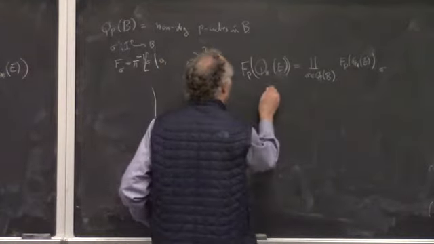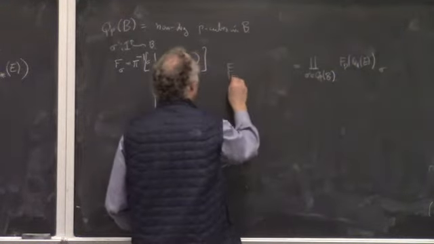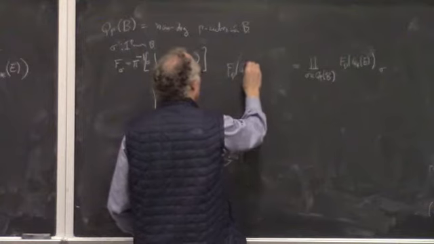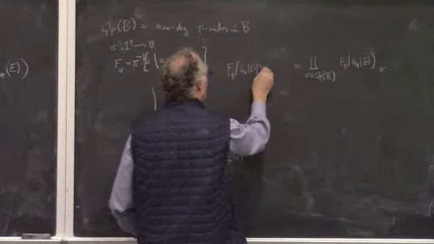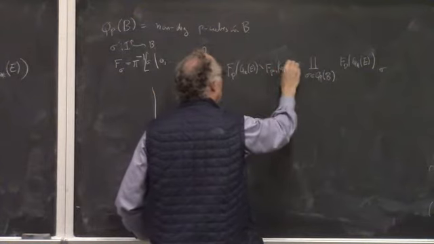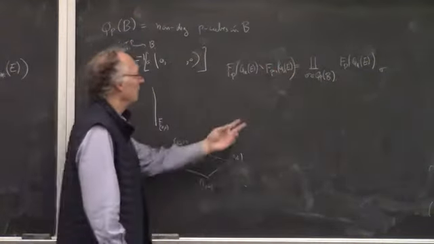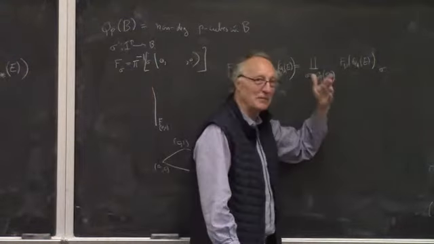minus the ones in filtration level P minus 1. Filtration level P minus filtration level P minus 1. Because these don't give me N simplices, they give me lower simplices.